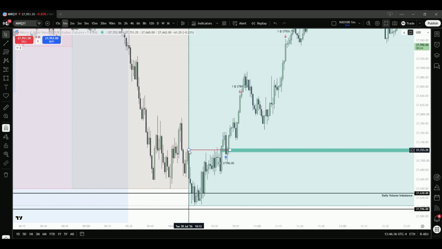We move above this high, which is our market structure shift, with a displacement. So this is here the displacement at 1035. Entry.